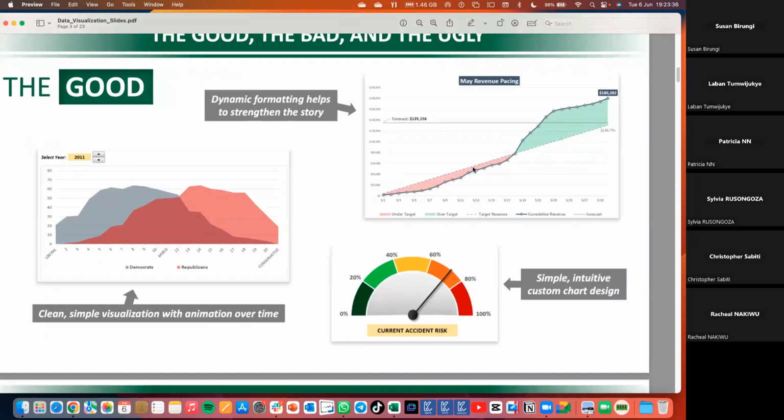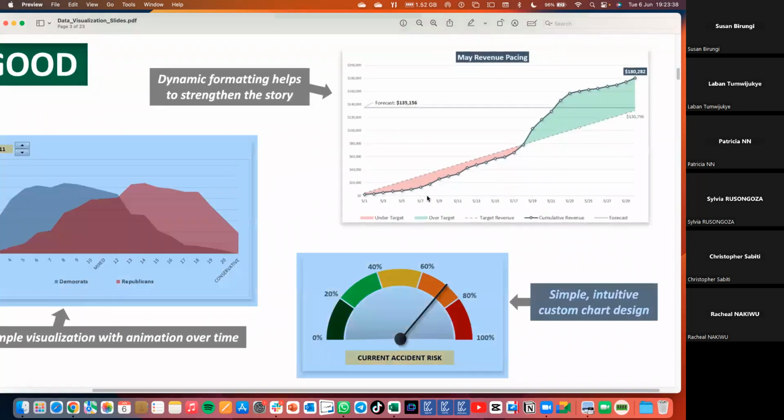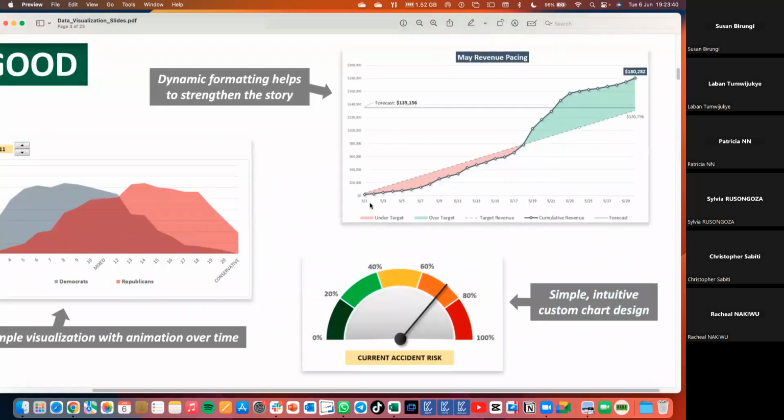Why am I saying here it strengthens the story? It's because you are telling a story from 1st of May to 29th of May. The colors tell it all: this is my target. You see, I'm telling a story using my visuals. I've not put any wording. This is my target, sorry, my trend. The moment the curve dragged itself below the target, automatically that was in red.